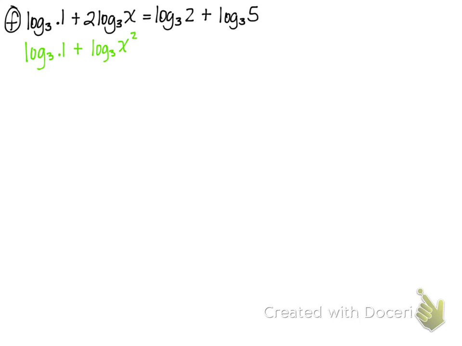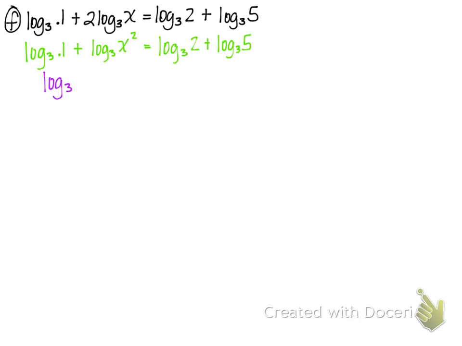Okay? And I'm going to rewrite the right-hand side. We haven't touched it. Okay, now let's keep looking at the left-hand side. We have a plus sign between our 2 terms, which means that we're going to have the product property. So we're going to multiply 0.1 times x squared in one single logarithm.